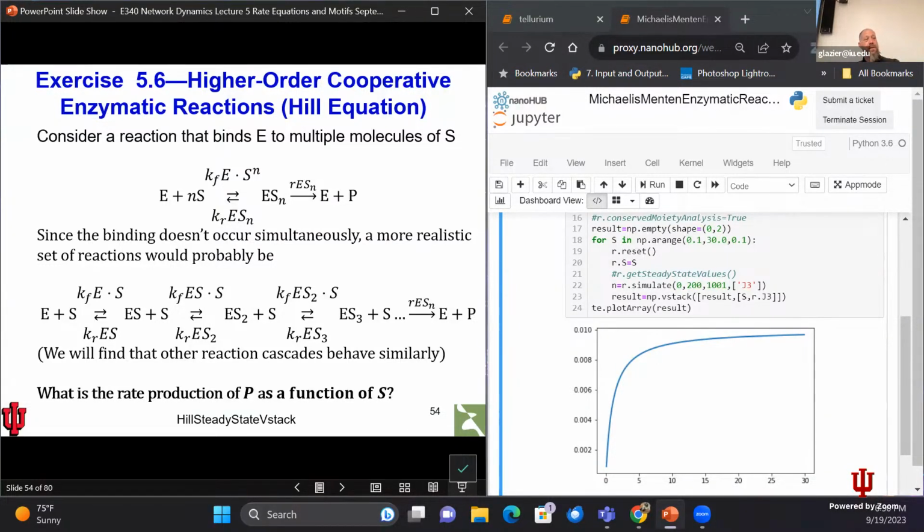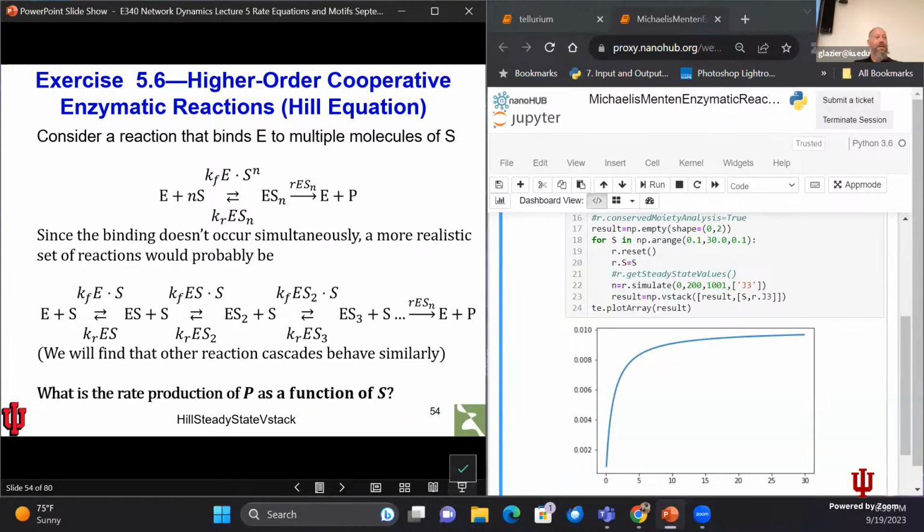And we're going to assume then also that we have mass action. So the rate of E plus n times S goes to ESn, with rate constant kf, is kf times E times S to the n. And this is the specific place where the fact that you can't make the stoichiometric coefficient a variable in Antimony is a pain.